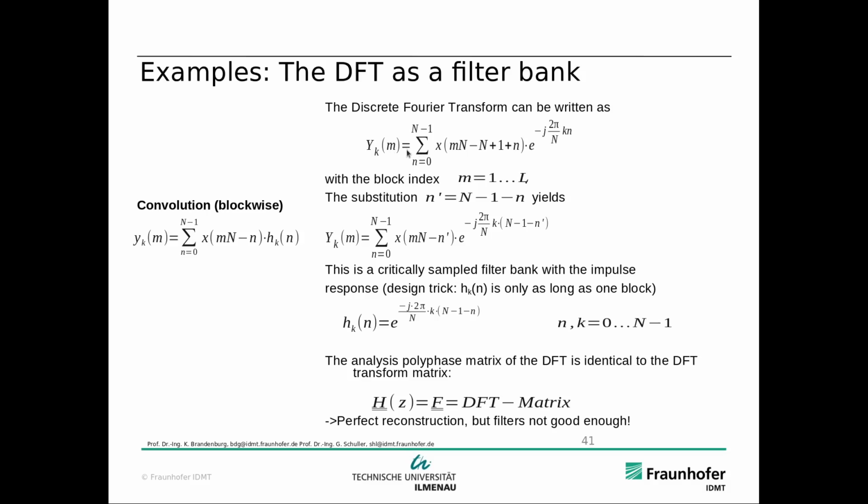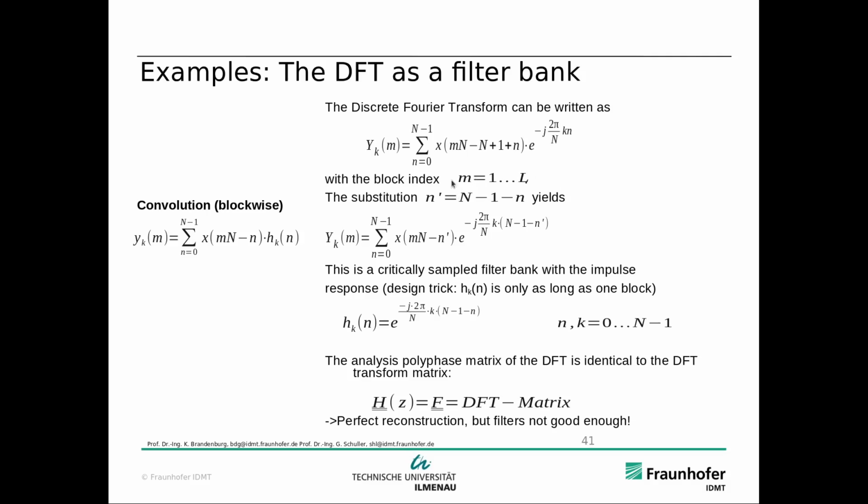So this shows it's basically doing the same thing. We take an input signal, possibly infinitely long, subdivide it into blocks of length capital N, and m is our downsampled block index. For each block, we get a set of frequency indices k and frequency coefficients. To see that this is actually a filter bank, we just need to turn this into a convolution, like we just did. This needs to be a downsampled convolution.